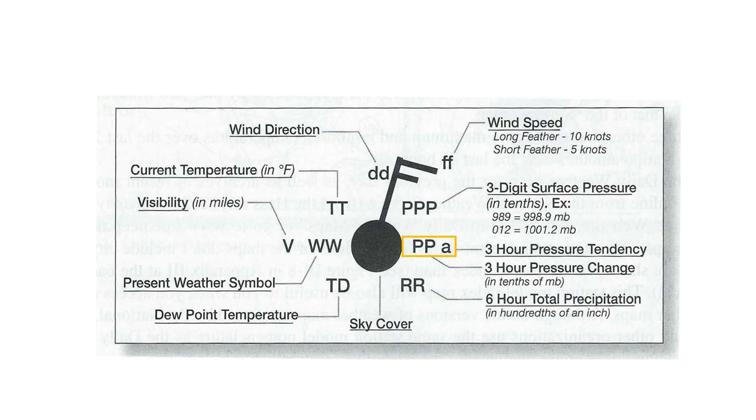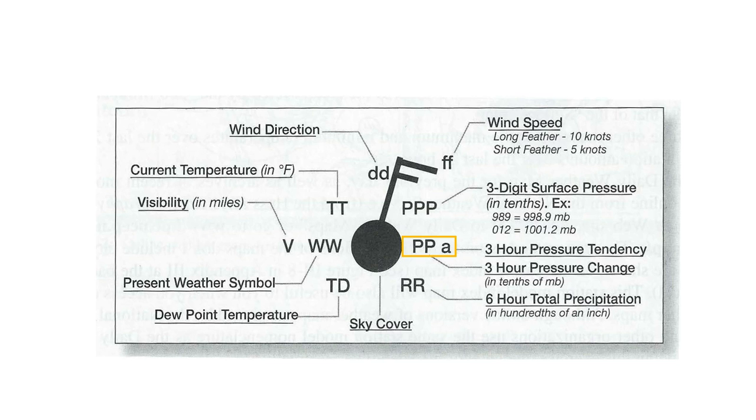This can help identify an approaching pressure system such as a mid-latitude cyclone, also known as a low pressure system. It is important to note that with this value, you must divide the number by 10, as the number is in tenths of a millibar, and that a close inspection of the pressure tendency is needed to identify if a drop or rise in pressure has occurred.